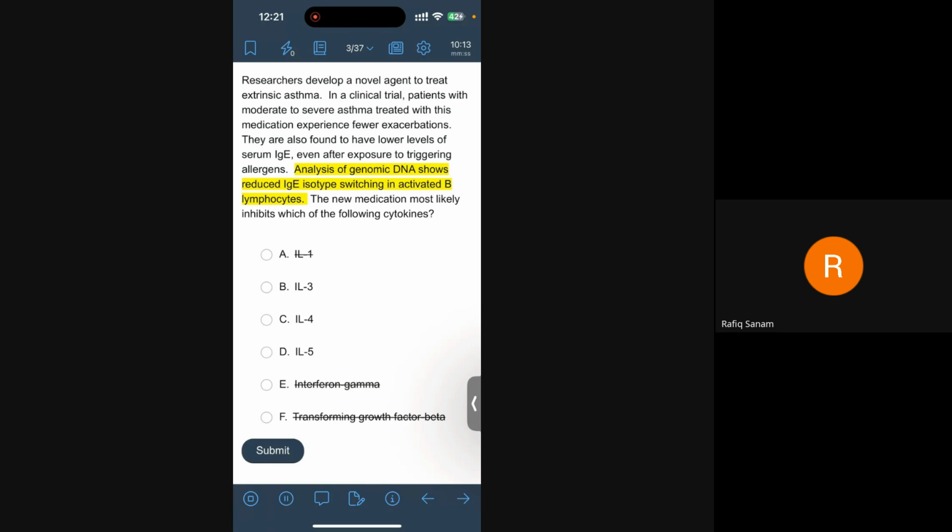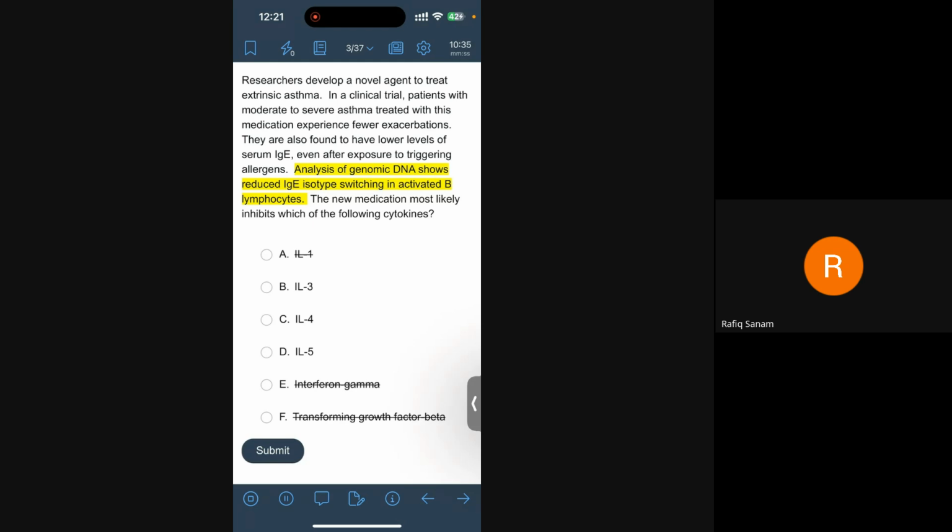You remember the drugs we used for interleukin 5? Mepolizumab, reslizumab. Those are for interleukin 5, which is involved in asthma and eosinophils.